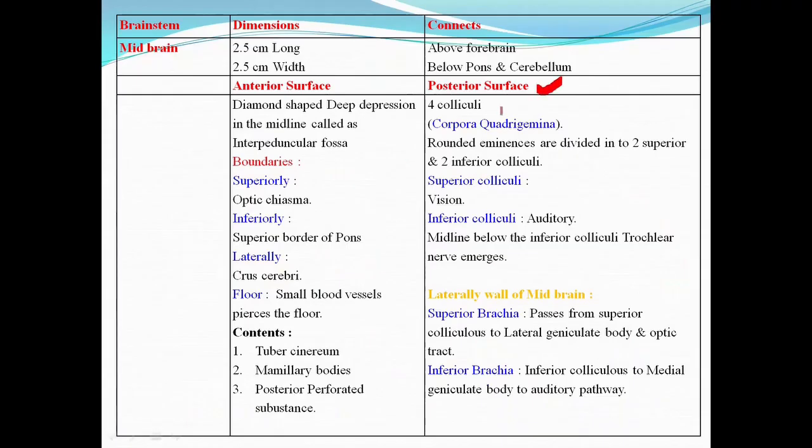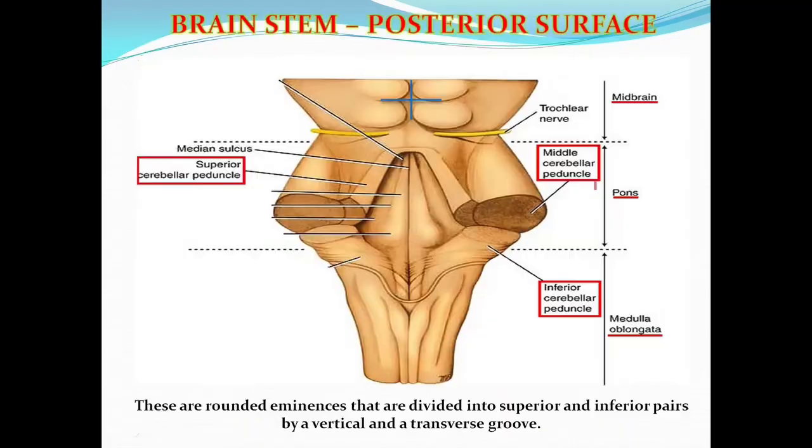We have four colliculi called the corpora quadrigemina, which are rounded eminences divided into the upper two, called superior colliculi, and the lower two, called inferior colliculi. Here, this is the superior colliculus of the right side and the left side, and the inferior colliculus of the right side and the left side, which are separated by a cruciform suture.